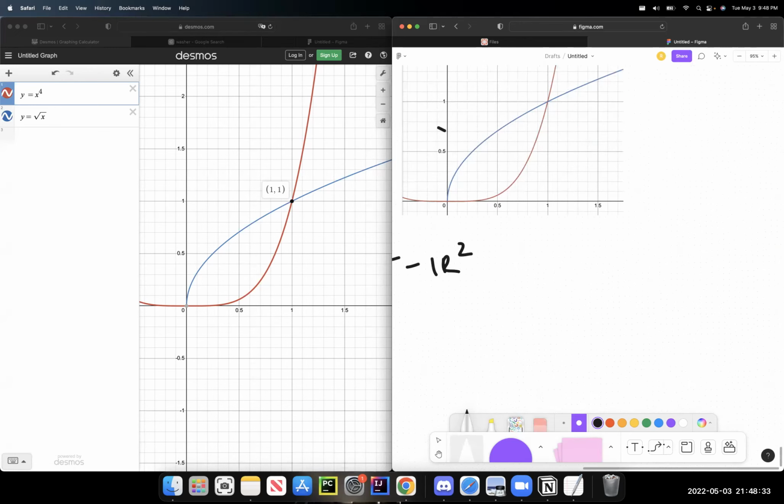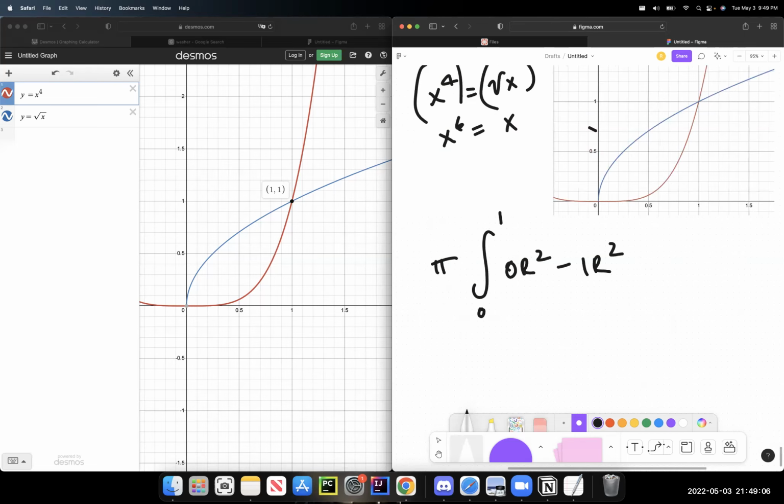Eventually you can look at this shape, and if I have this funky looking thing where it goes like this and it goes like that, and then you revolve it, you'd have sort of a lotus looking thing. The idea is you take the whole line, the whole radius, the outer one that touches this top curve, which we know is x to the fourth. And underneath that curve, we have under root x. So we take that top curve, and we're just following the formula.